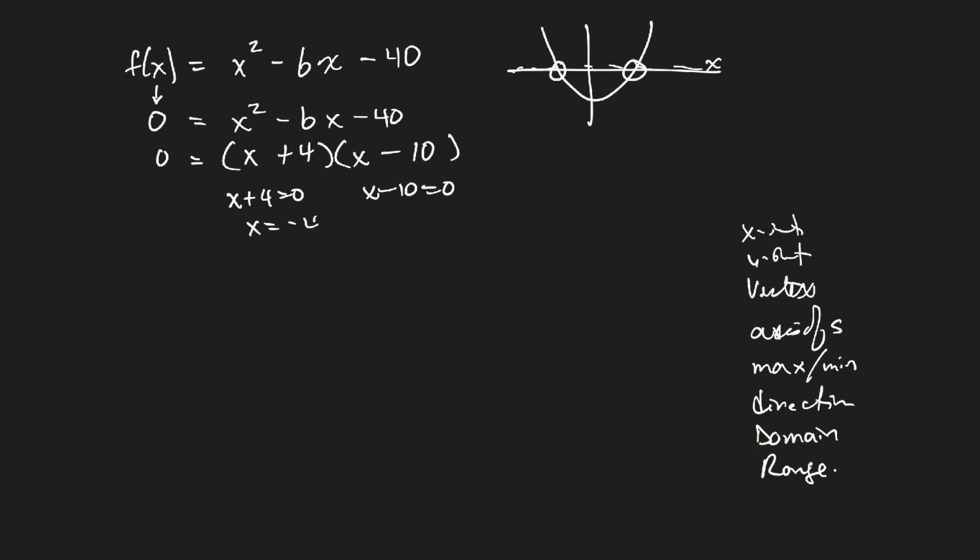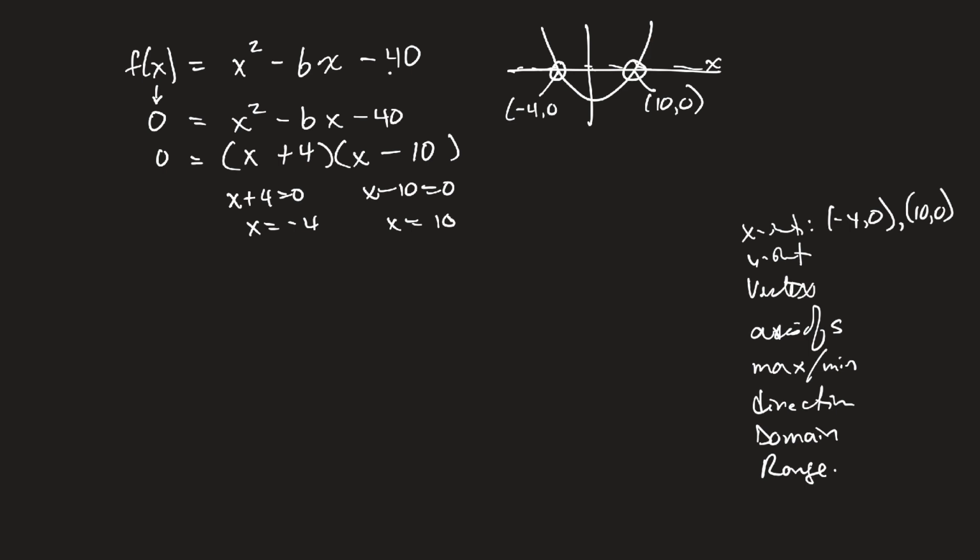So either x is a minus 4 or x is a positive 10. So that point there would be negative 4, 0, and that point there would be 10, 0. Okay, so those are my x-intercepts. They're negative 4, 0, and 10, 0. And again, I could graph that on decimals to see where those are.